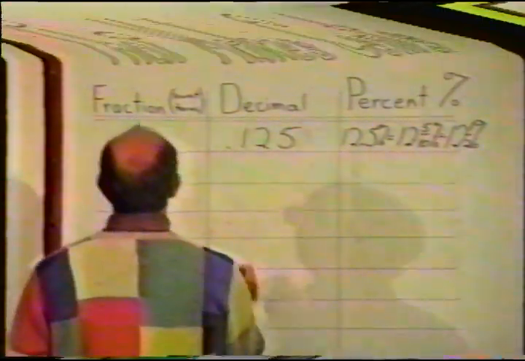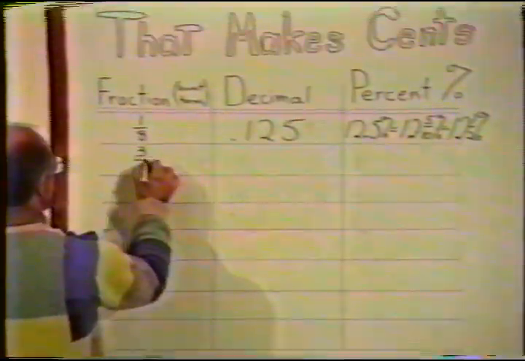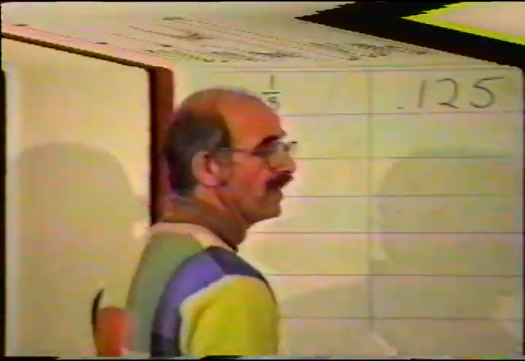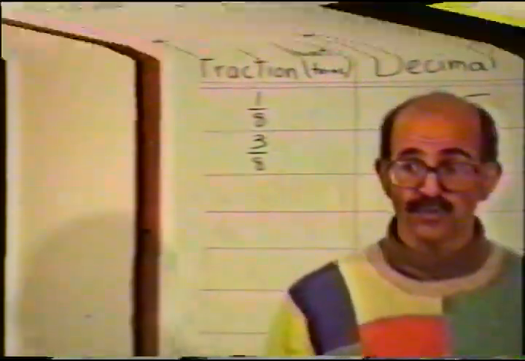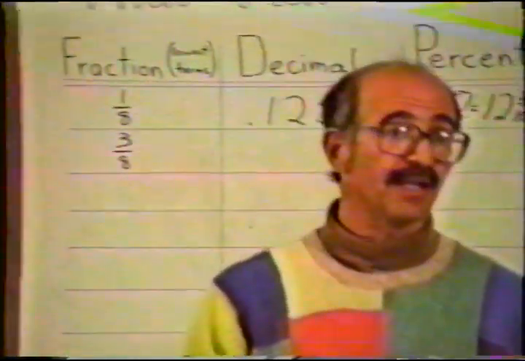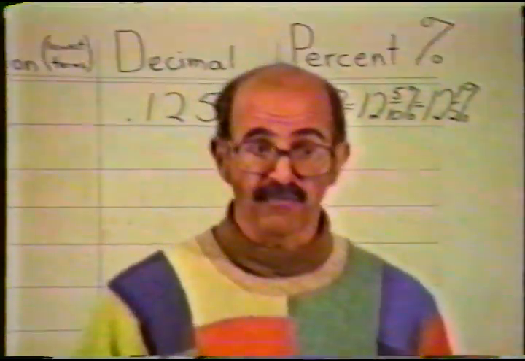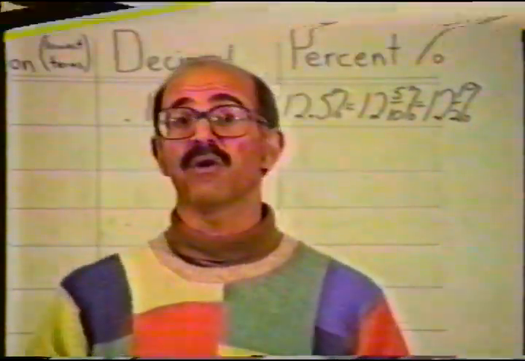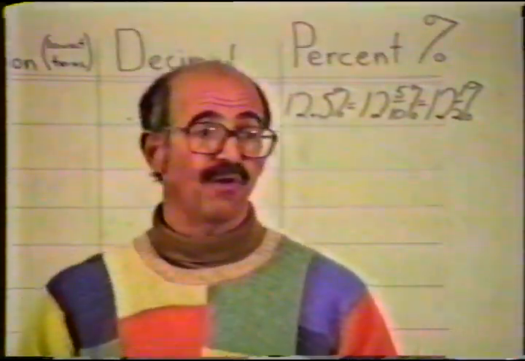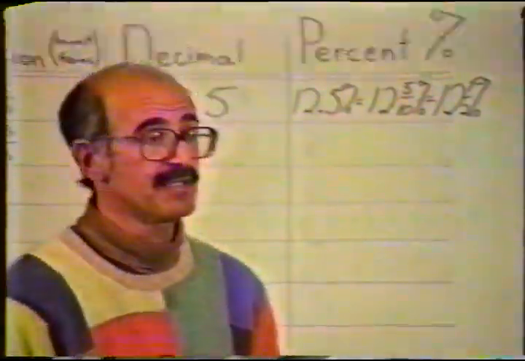The next one is 3/8. We don't have to do 2/8 because 2/8 is the same thing as 1/4, and you already know automatically that 1/4 is 25%.